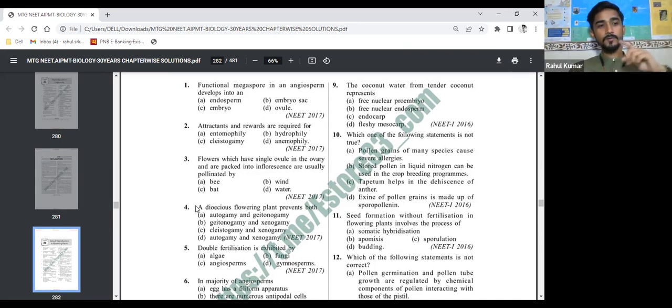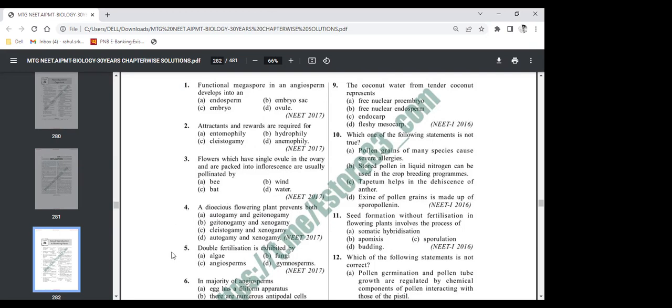So if on one plant all the flowers are male, or all are female, then the only thing that can happen is xenogamy. So what will the plant prevent? Autogamy and geitonogamy. For autogamy and geitonogamy, you need both the sexes present on the same plant. Yes, Aisha? Yes, sir. I was going to say both, but you said one.